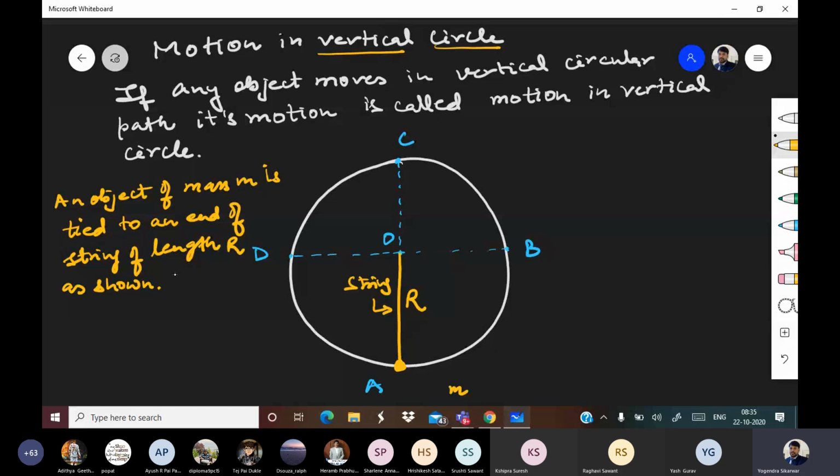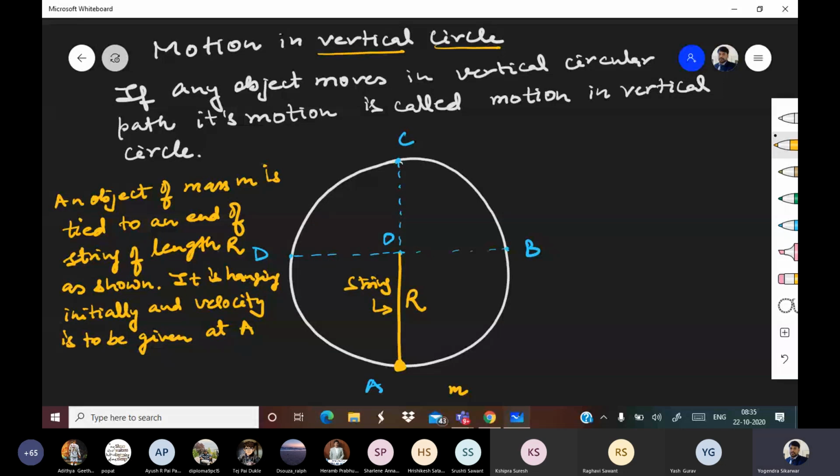So it is hanging initially and velocity is to be given at A such that it is able to complete the vertical circle.